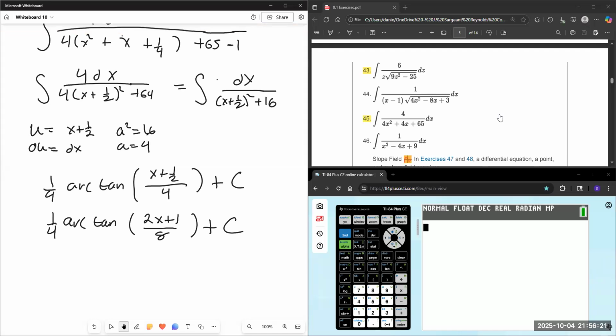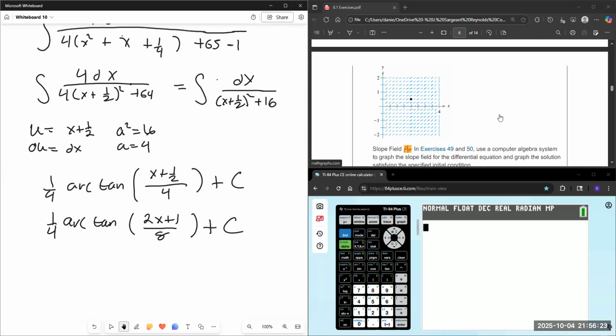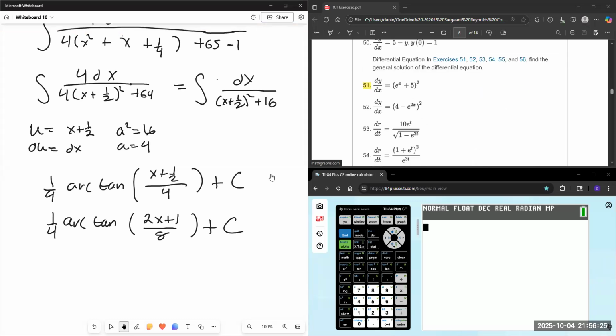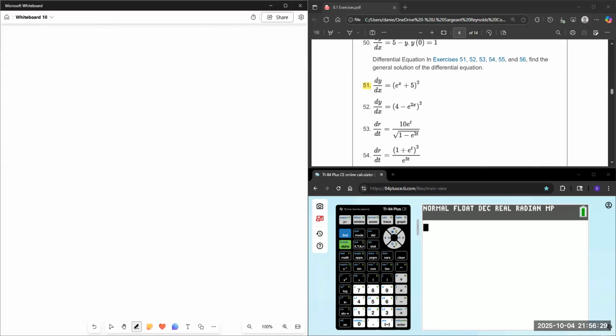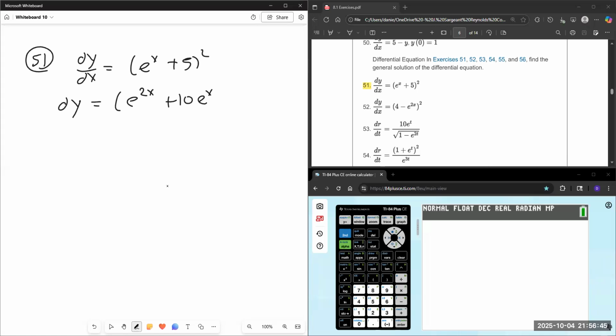Let's look now at number 51. 51 is a differential equation, dy/dx is equal to e to the x plus 5 squared. So dy is equal to e to the 2x plus 10 e to the x plus 25 dx.